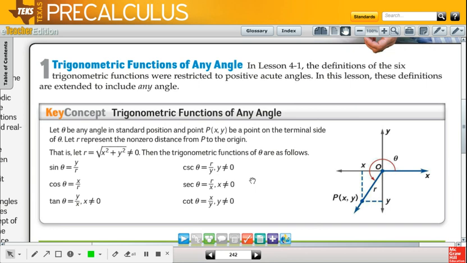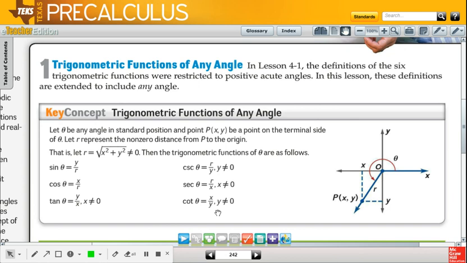Now, in a unit circle, there are going to be some times where x and y can be 0, and in the event it is 0, then if y is 0, there is no value for cosecant. It's undefined. If x is 0, then there is no value for secant. It's undefined. Same thing with cotangent.